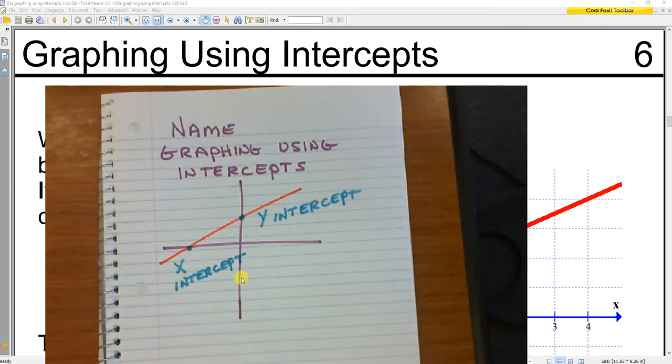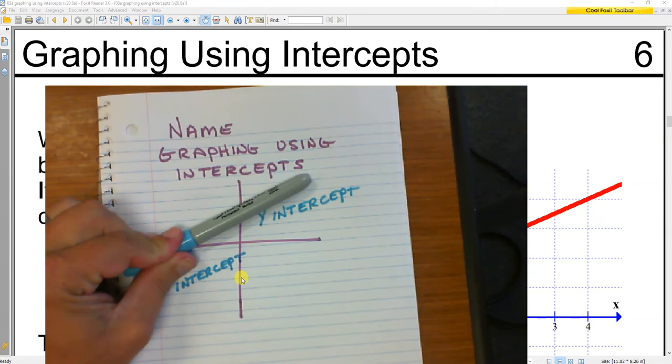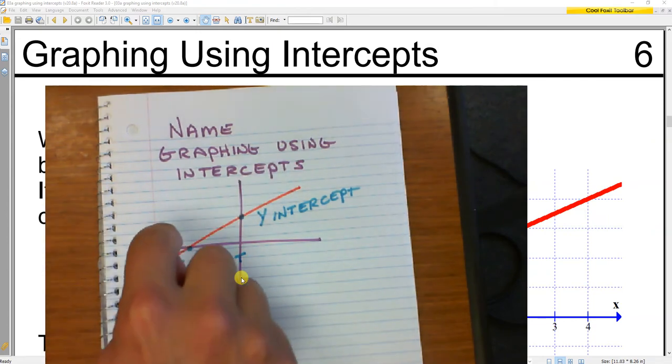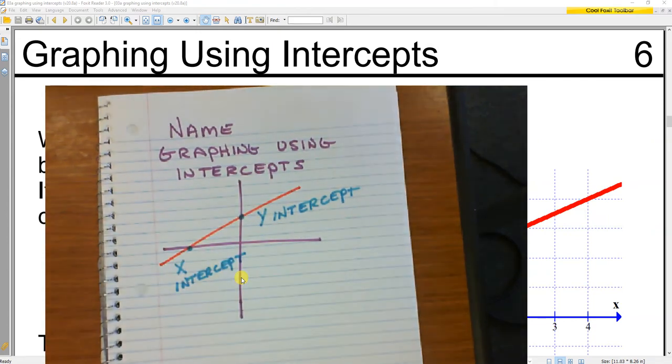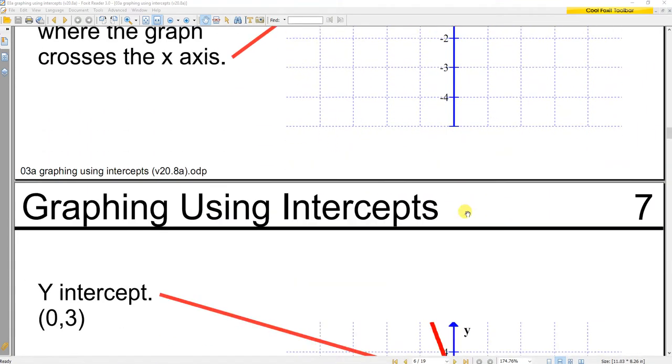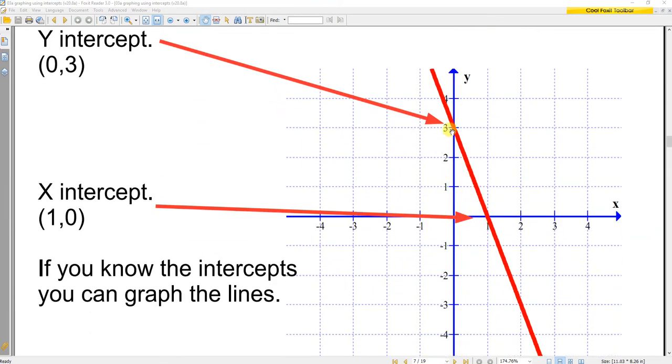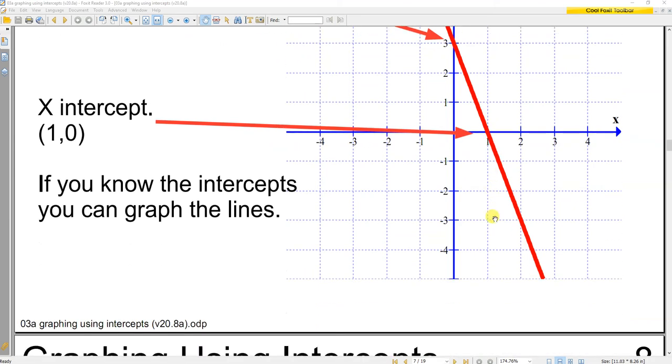And as you can see, if you have those 2 points, you can draw the line just like that. So if I have the x-intercept and the y-intercept, the line is practically done for me. So how do I get the x and the y-intercepts? If you know the intercepts, you can graph the line.